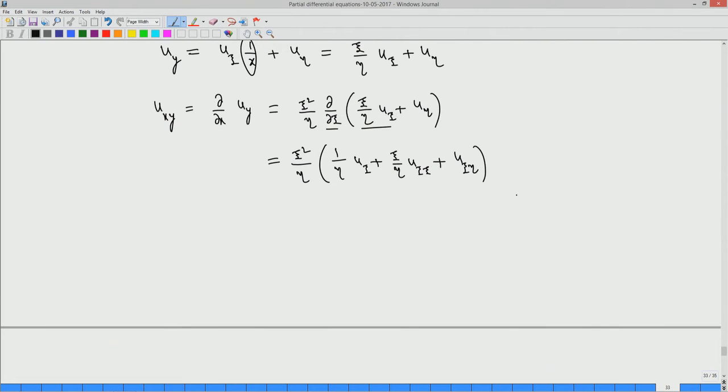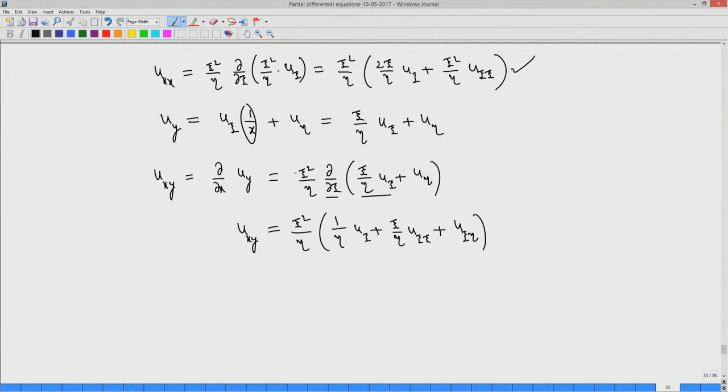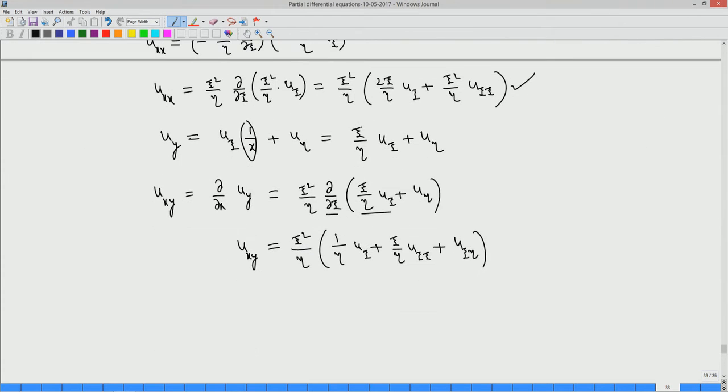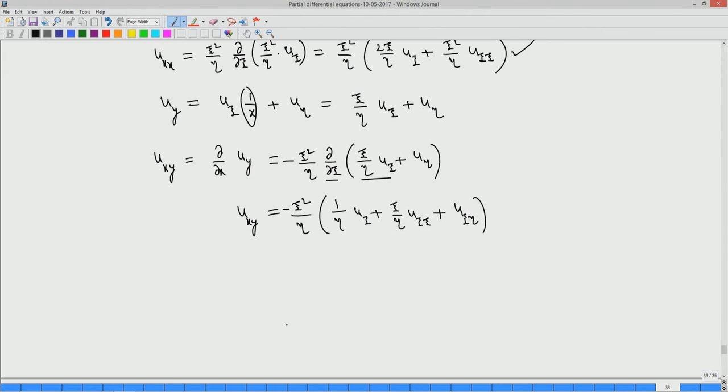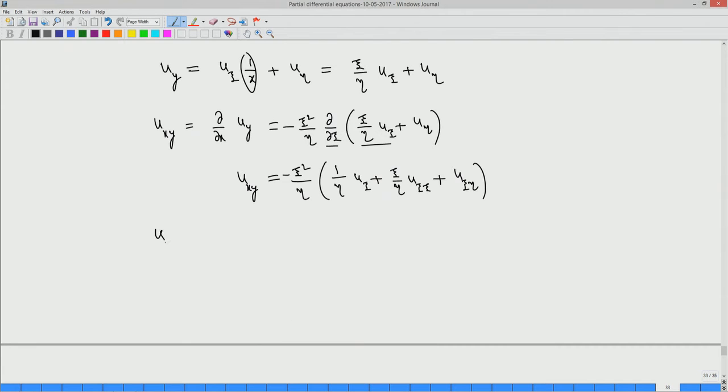That is my uxy. Of course, you have a minus here for dou x, because dou x is actually minus of that. I missed that minus for dou x. So, this is my uxy.